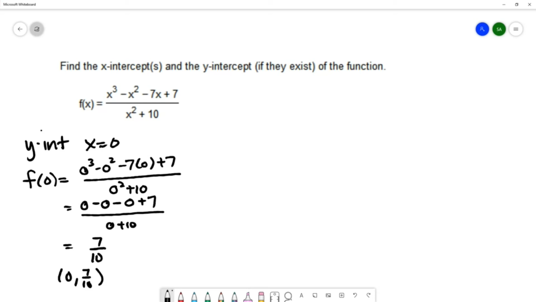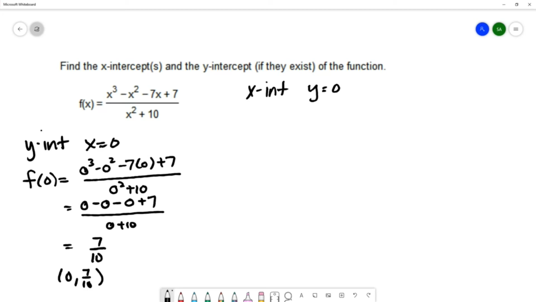So then I want to find the x-intercept. Like I said, this is usually a little bit harder. An x-intercept is where the graph either crosses or touches the x-axis. And because it crosses or touches the x-axis, the y-coordinate will be 0.